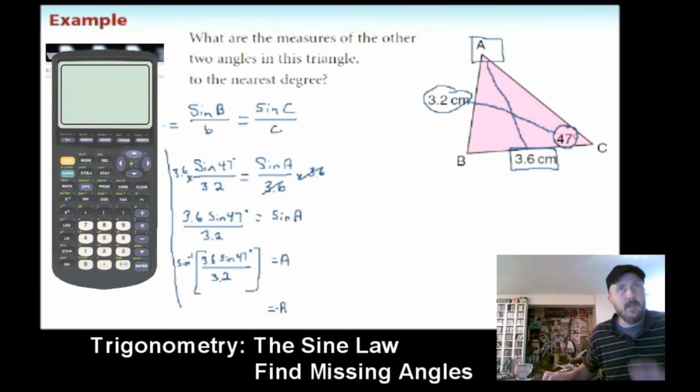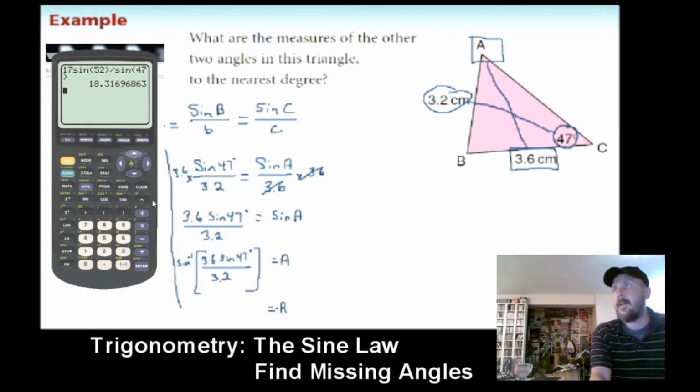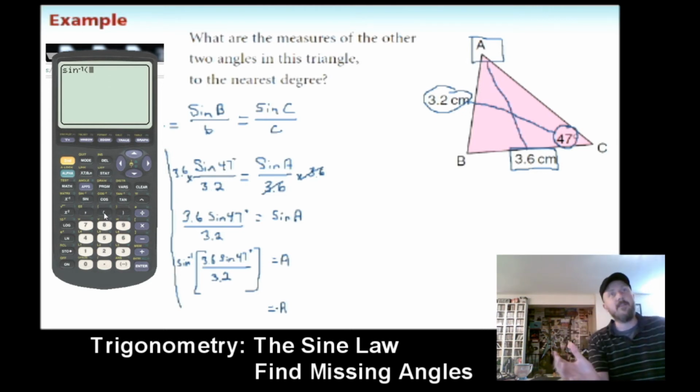Okay, back to the calculator. I'm going to clear this other stuff I got going on here. On your calculator you can do this as well. Second sine. If it doesn't put a bracket, type one in there now, because we want all this next bit of stuff inside this sine inverse bracket.